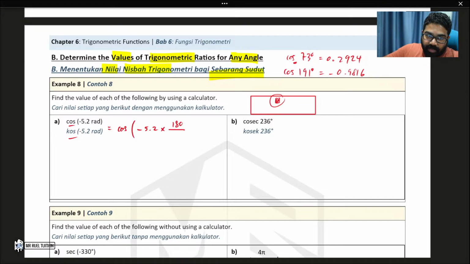Now remember pi, use 3.142. So cos of this will be 0.4679. That's right.